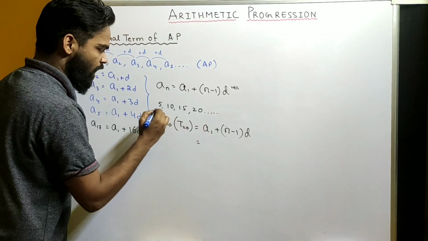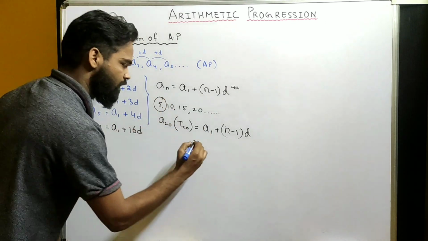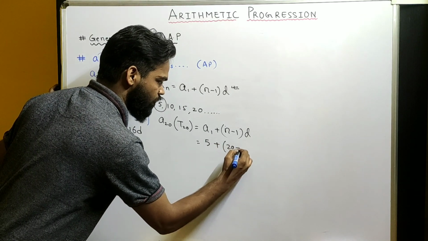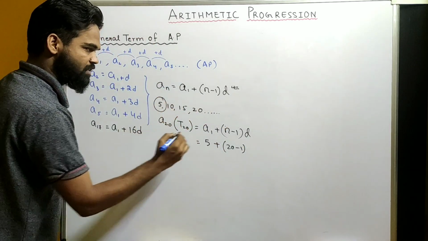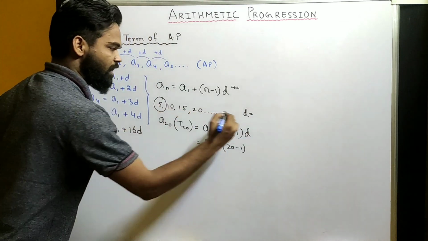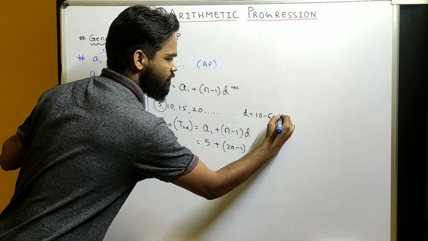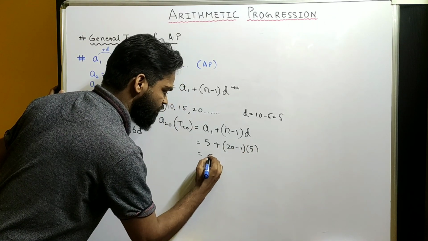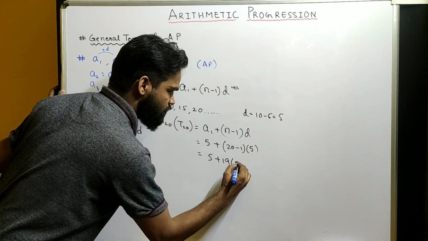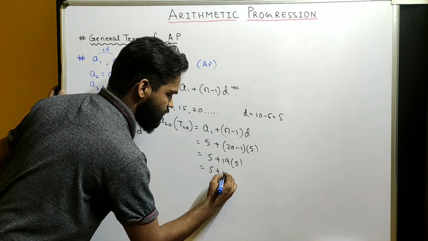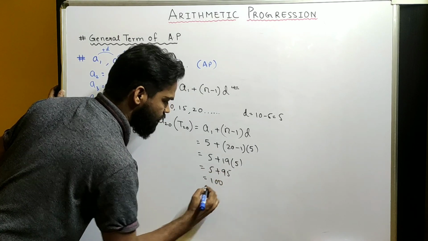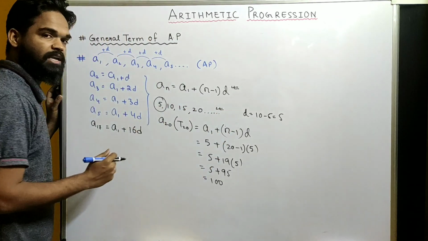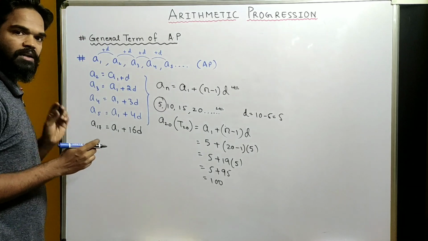So your A1, which means the first term, is 5 plus 20 minus 1, and the difference in this case is 10 minus 5, that's 5, that is constant over here. So this becomes 5 plus 19 into 5, that's 5 plus 95, that's 100. So the 20th term of this sequence in AP will be 100.